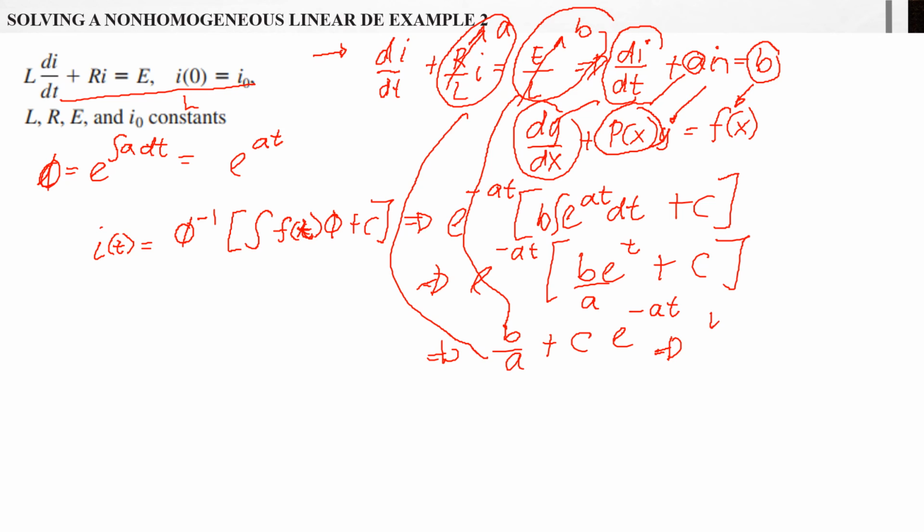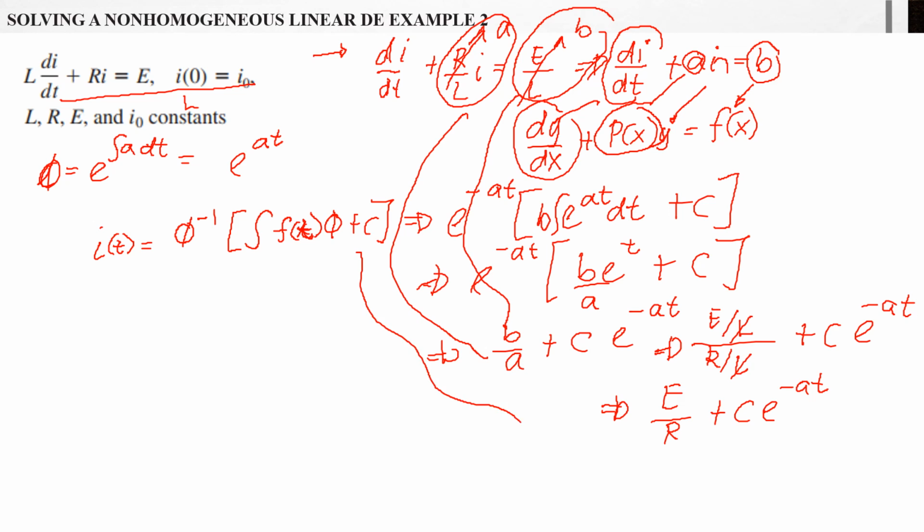So we have E over L divided by R over L plus c e^(-At). So we cancel the L. We have E over R plus c e^(-At). This is your general equation.